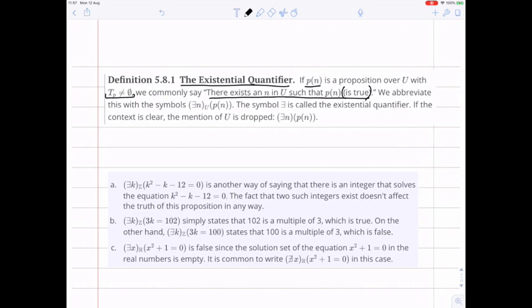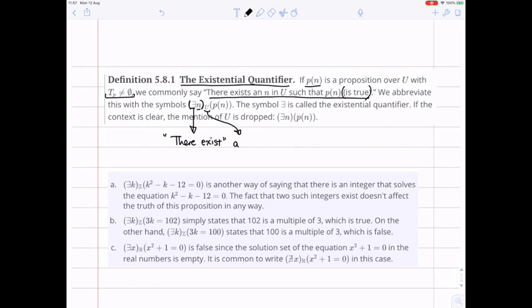Since this is quite a lot of writing, we abbreviate this using symbols. This backwards E is read as "there exists". So we have there exists an n, in brackets with a little subscript for the universe that we're talking about.